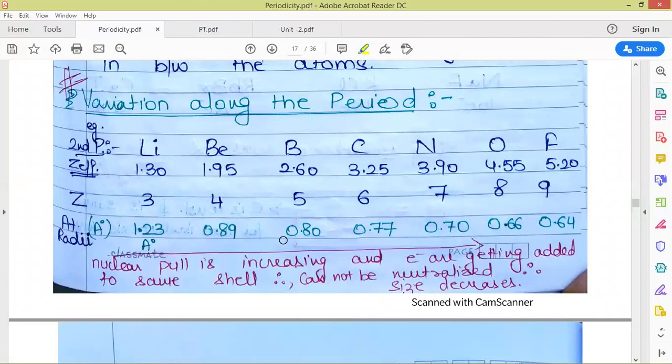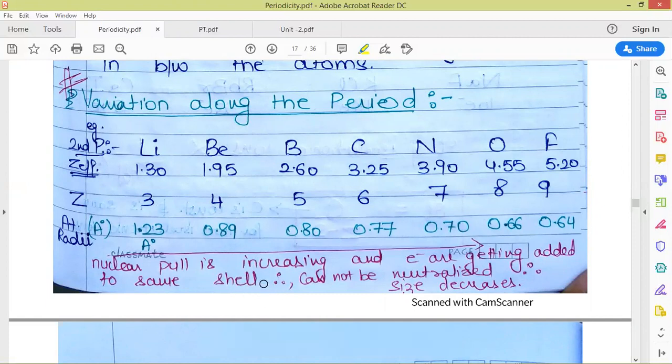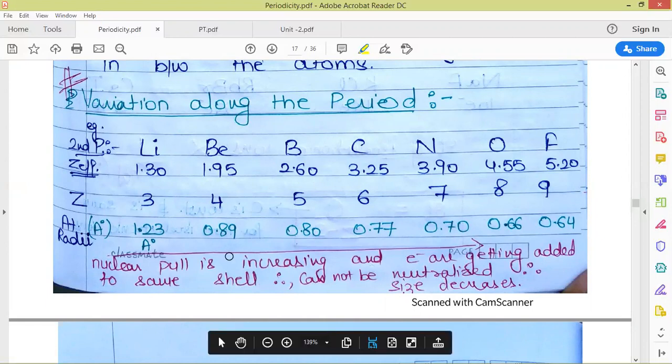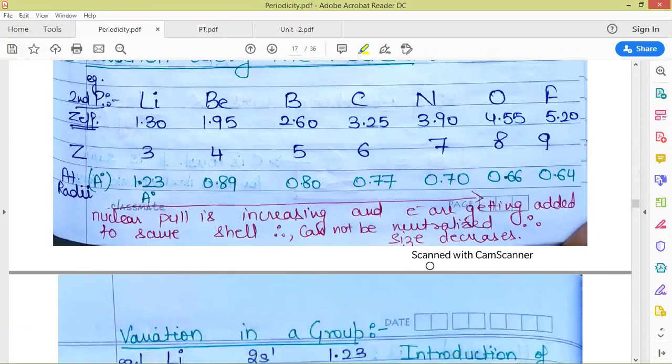So the increasing number of electrons which are adding to the same shell is not able to neutralize the effect of increasing atomic charge, or we can say increasing nuclear pull. So based upon this, the size decreases as we move along the second period.